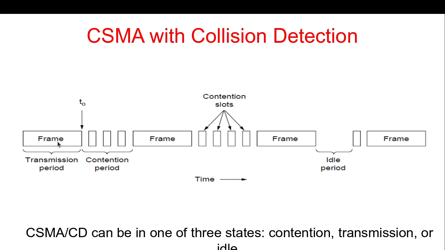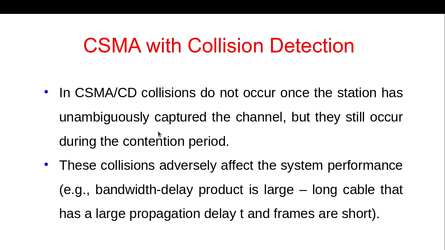But the possibility of collisions can be there when, after the frame has been completed, more than one station becomes active for transmission. That's why collisions can still occur during the contention period. That will not occur during the transmission period.